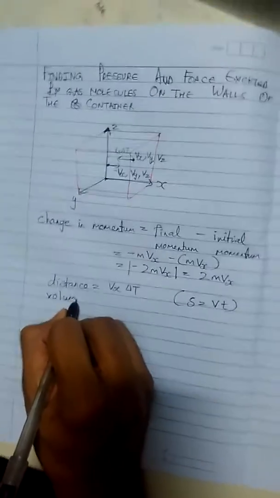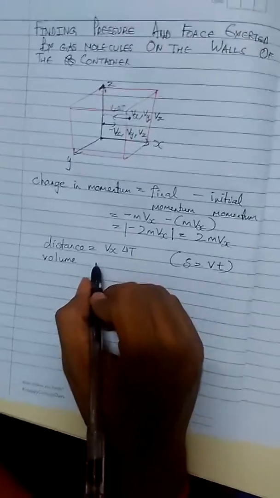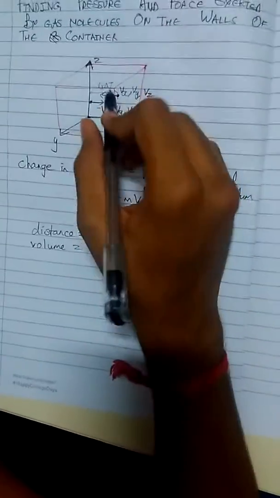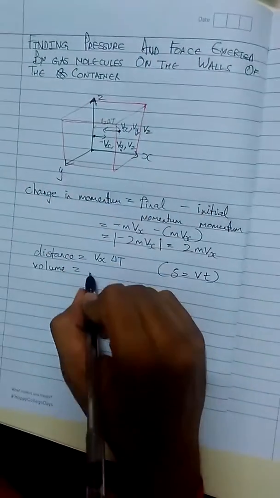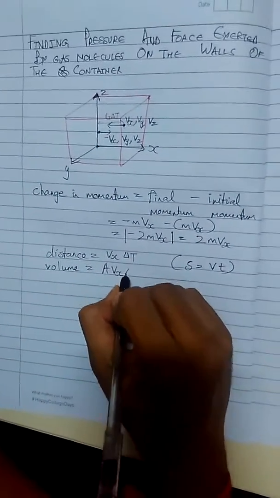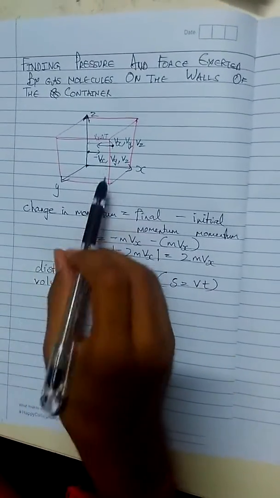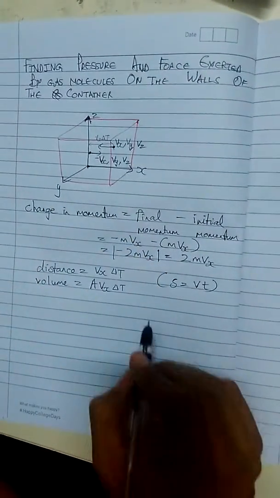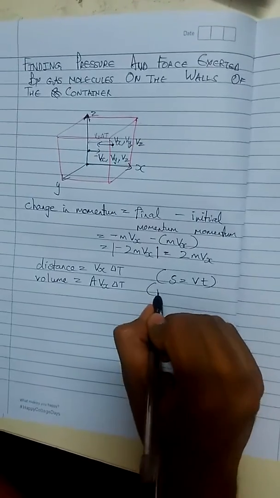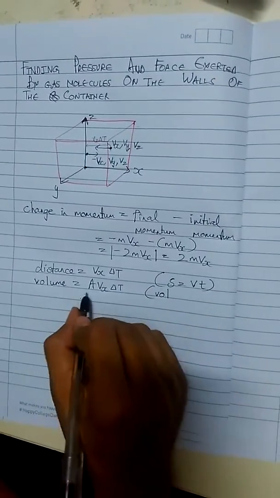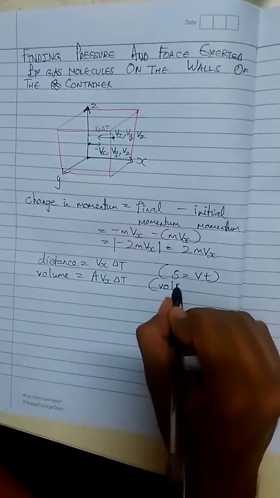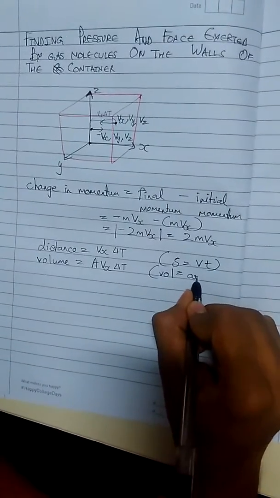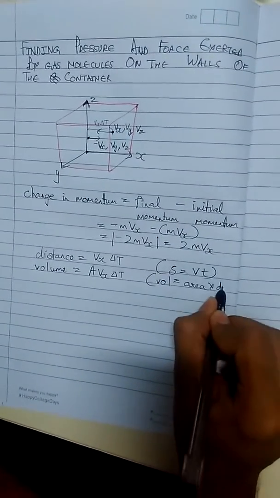The volume also can be calculated. All molecules within volume A vx delta t will hit the wall in time interval delta t. We get this equation from the formula volume is equal to area into distance.